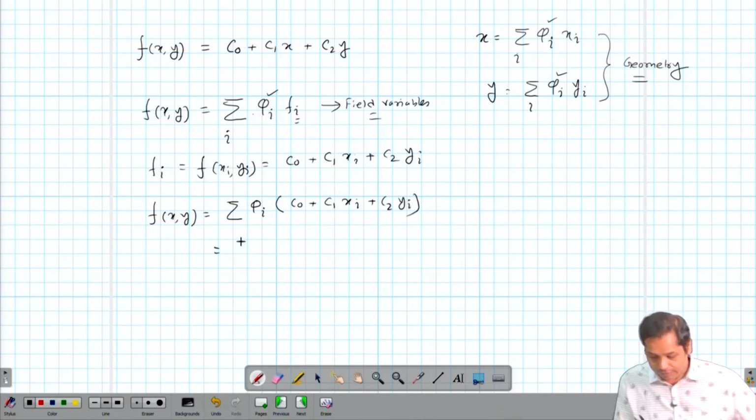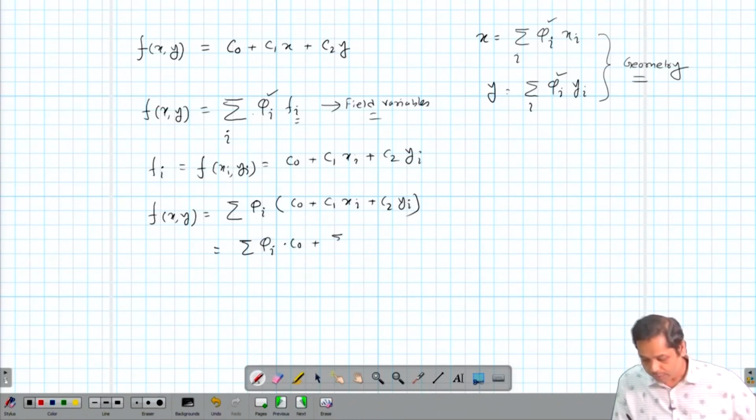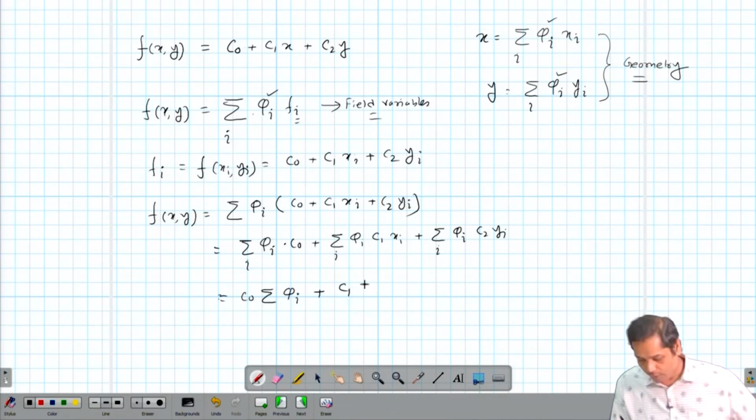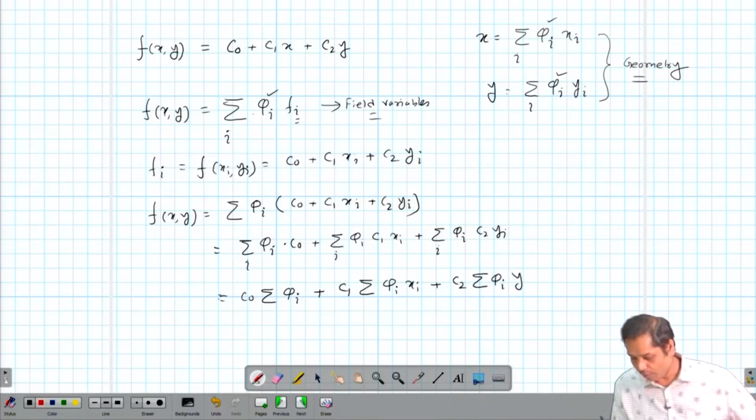That will give us summation over phi I into C0 plus summation over phi I C1 xi plus summation over phi I C2 yi, all summations over I. So this will give us C0 summation of phi I plus C1 summation of phi I xi plus C2 summation of phi I yi.